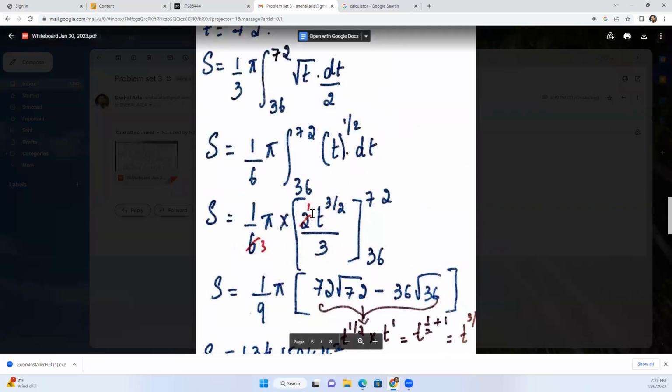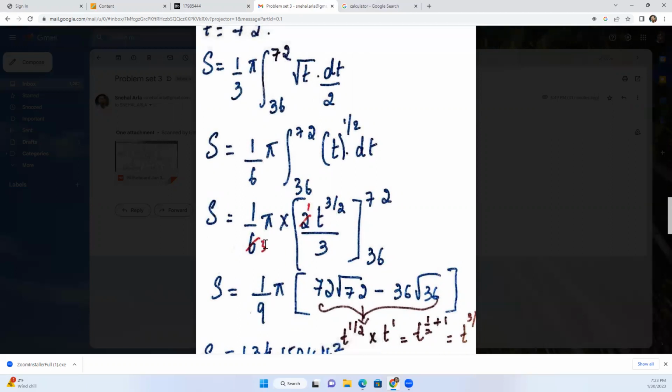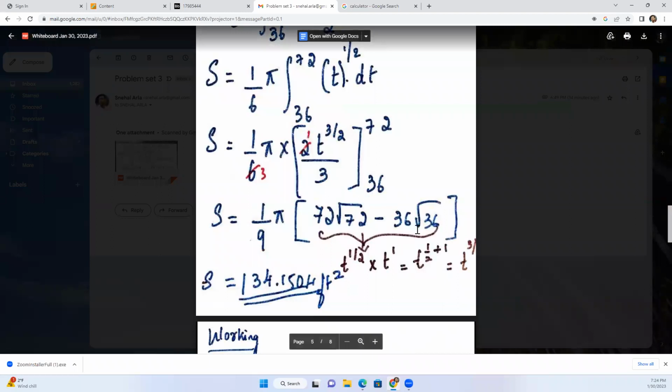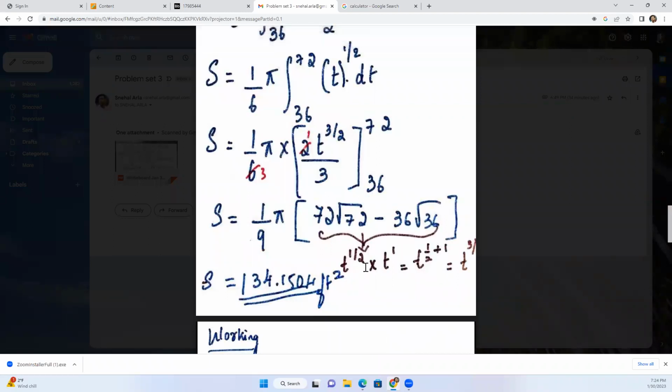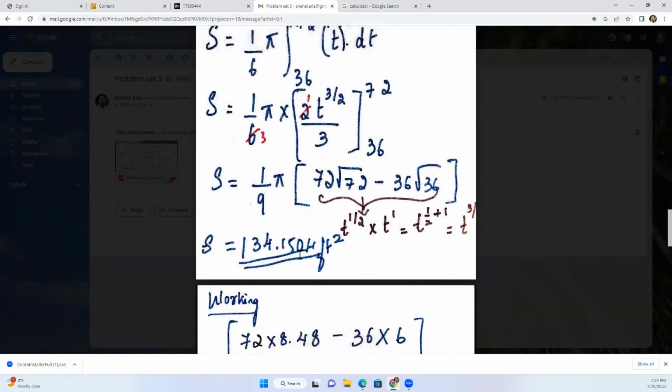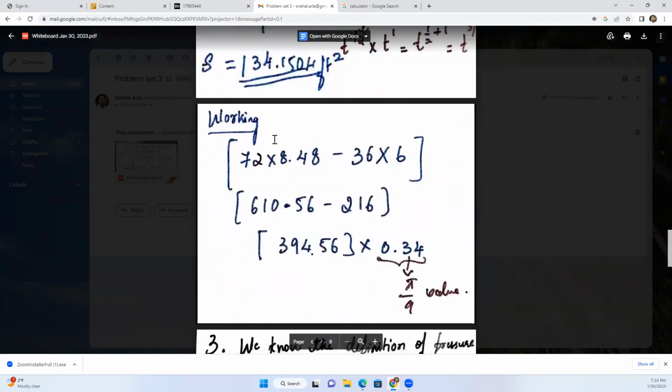The 2 comes to the bottom and cancels out, leaving 1/9 pi times the bracket of t to the 3/2 from 36 to 72. So the surface area becomes 1/9 pi times (72 to the 3/2 minus 36 to the 3/2). Evaluating that, we get the surface area value, which is 134.150 square feet. And this is the working that I showed.